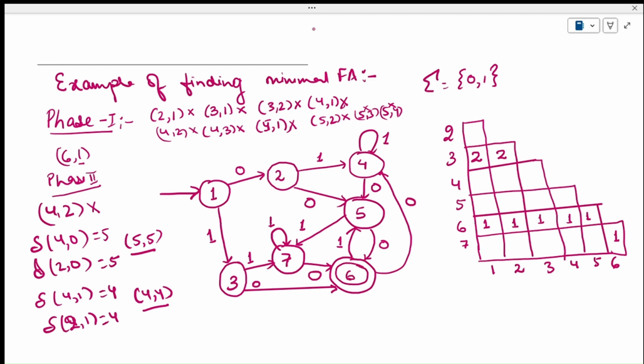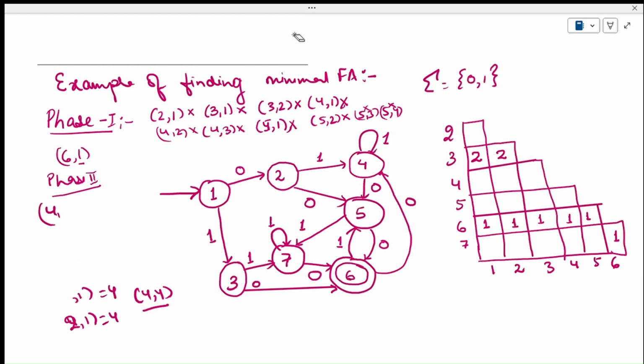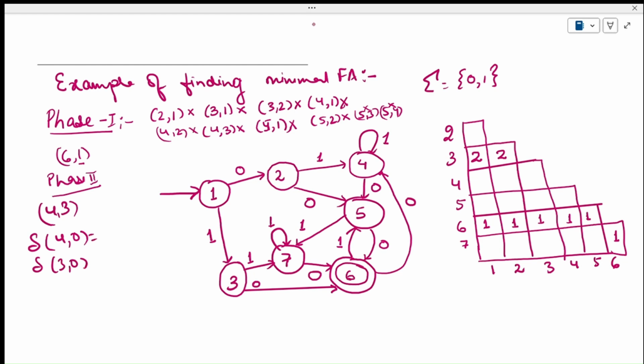Now we will move to the next cell, that is 4 3. Check the same thing for the cell 4 3. 4 on reading 0 is going to state 5. 3 on reading 0 is going to state 6.